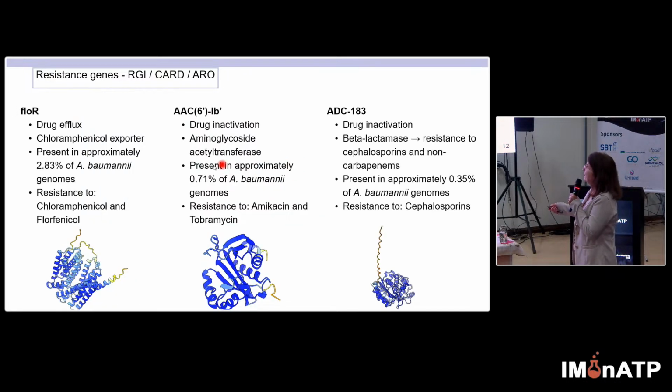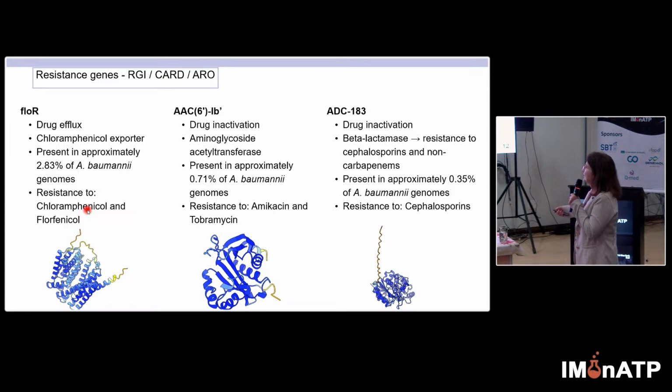The floR is a drug efflux gene that exports chloramphenicol, and is present in approximately 2.8% of all Acinetobacter baumannii known and deposited in the gene bank.